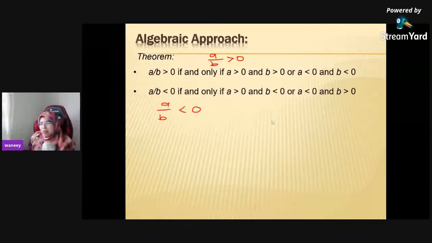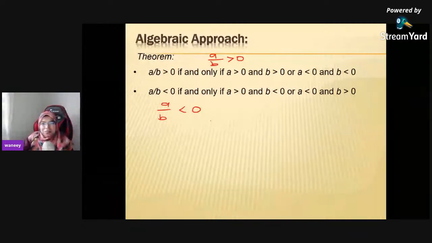Or A is a negative number, B is a positive number. Kita kena tukar sign. Positive, negative, positive. Betul lah. A is less than 0, so A is a negative number, B is a positive number. When you divide them, you're going to get something that is less than 0. So those are the theorem.